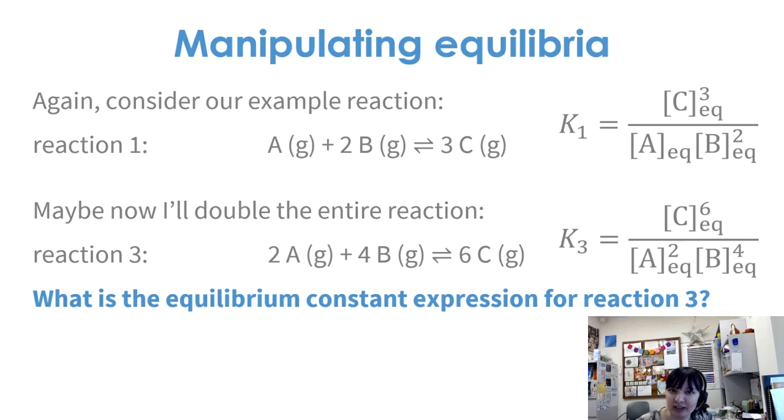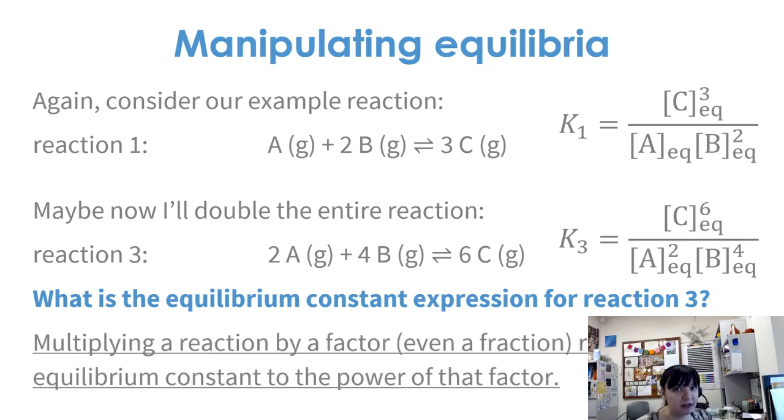What I've essentially done in doubling this reaction is I've taken each power that these concentrations are, and I've doubled them, right? So what that looks like mathematically is essentially squaring our entire K constant. How K1 compares to K3 is K3 is essentially K1 squared. And so this can be expressed through this relationship right here.